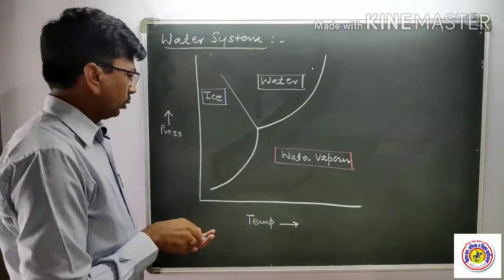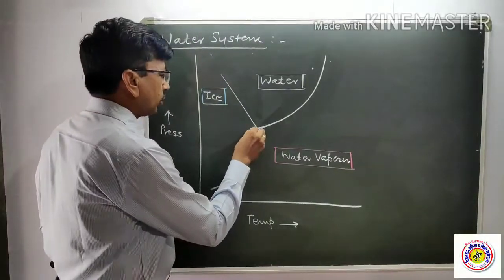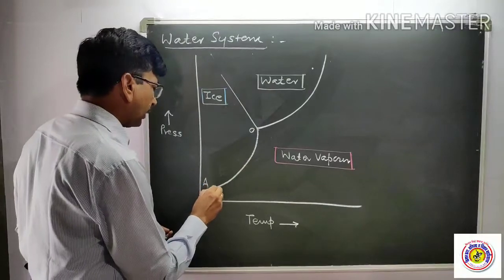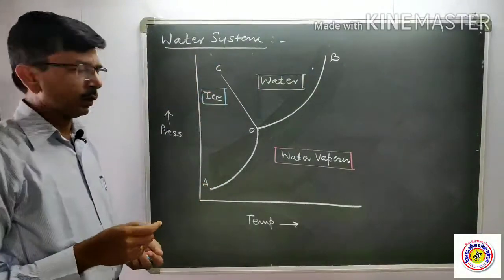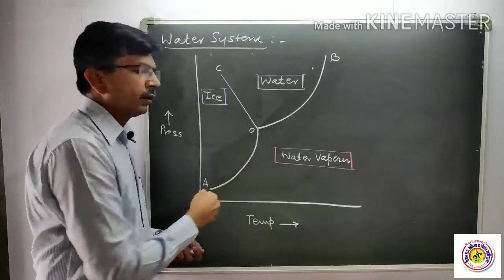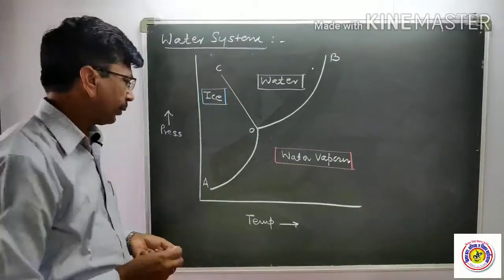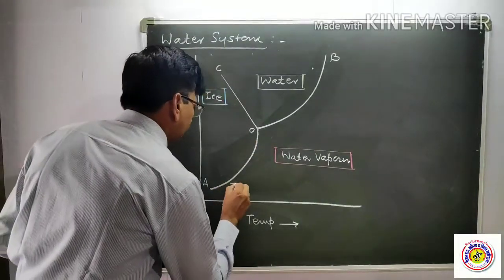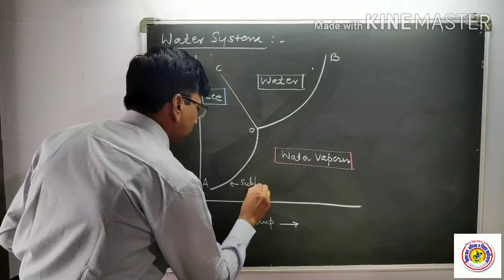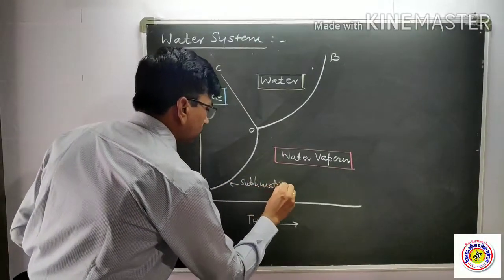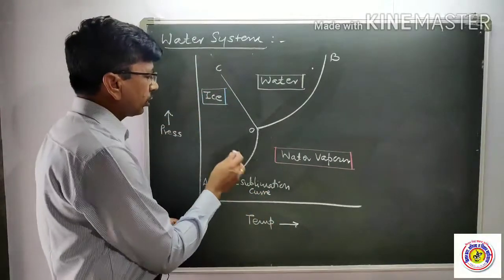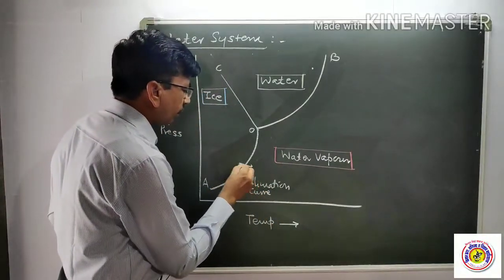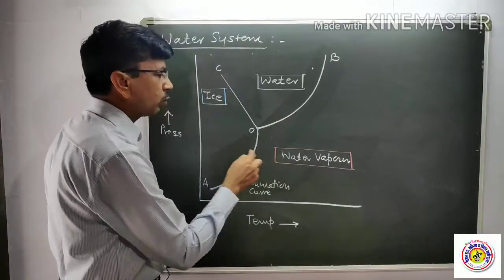Now this point is O, let us call this point A, this point B, and this point C. Now the curve OA is called the sublimation curve, as on this curve there is equilibrium between the ice and water vapor.